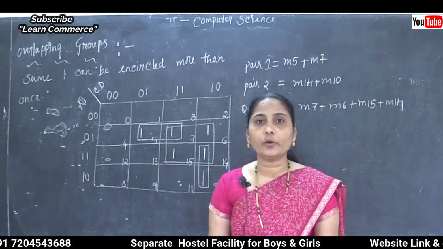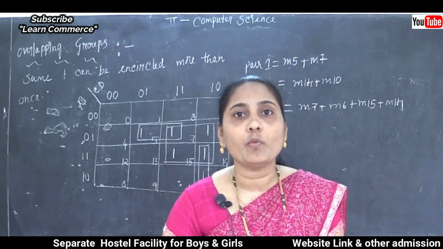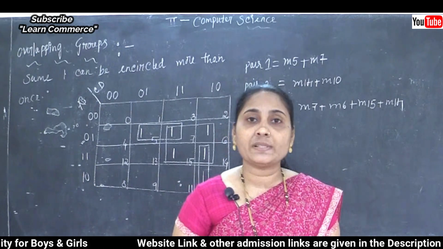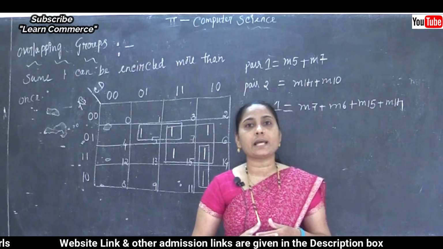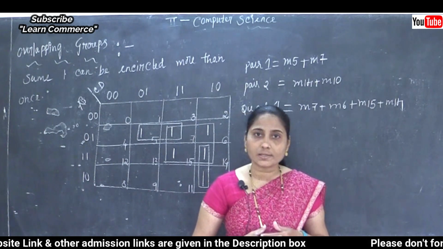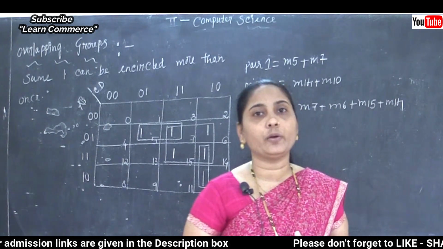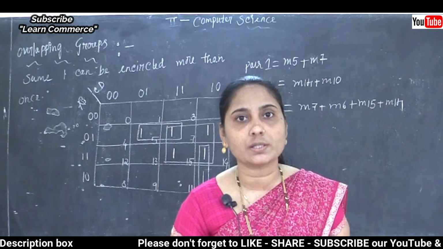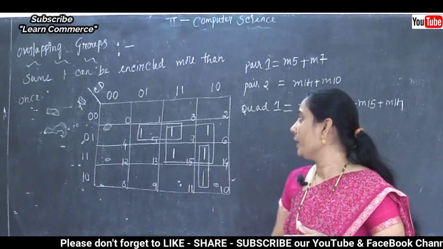The overlapping group means the same ones can be encircled more than once. That means again and again we encircle the number ones, and this is called the overlapping group.